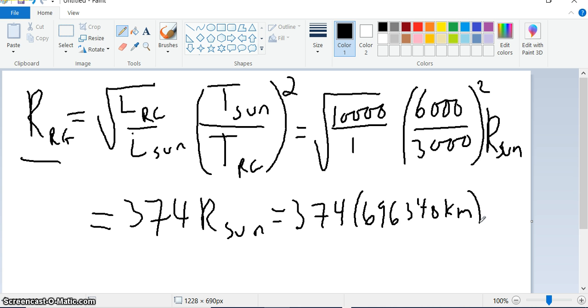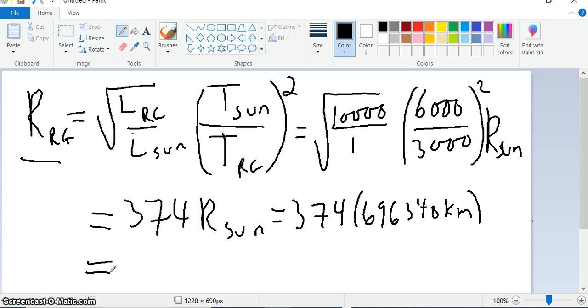The reason I'm doing it this way is we have to look at how big this is compared to the size of the solar system, because the second part asks how many planets this red giant will engulf.